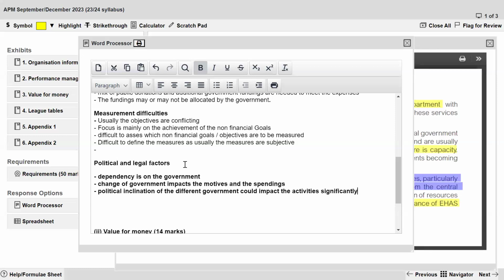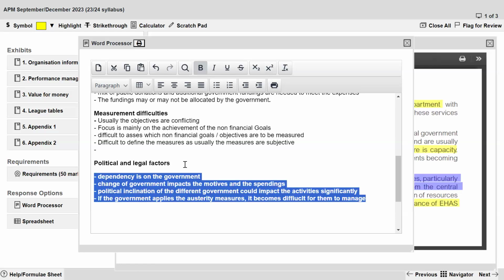If the government applies austerity measures, it becomes difficult for them to manage. So this is basically the political and the legal factors.